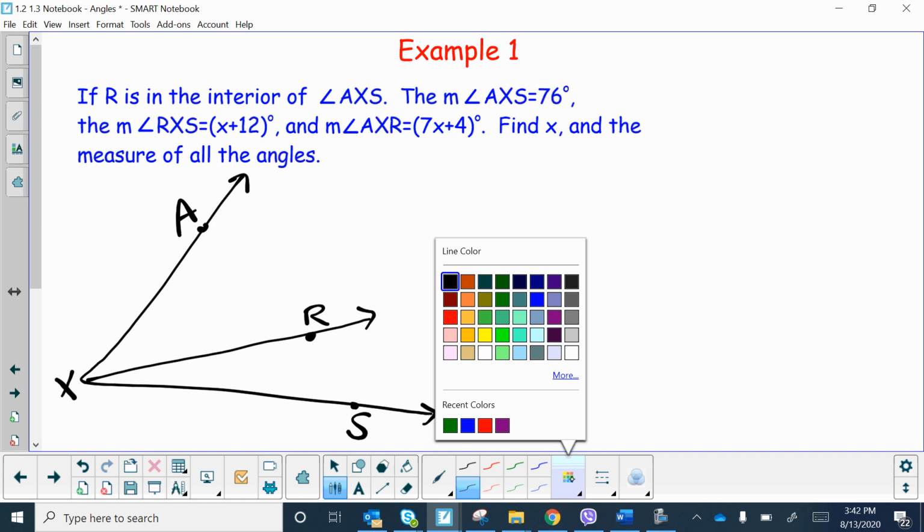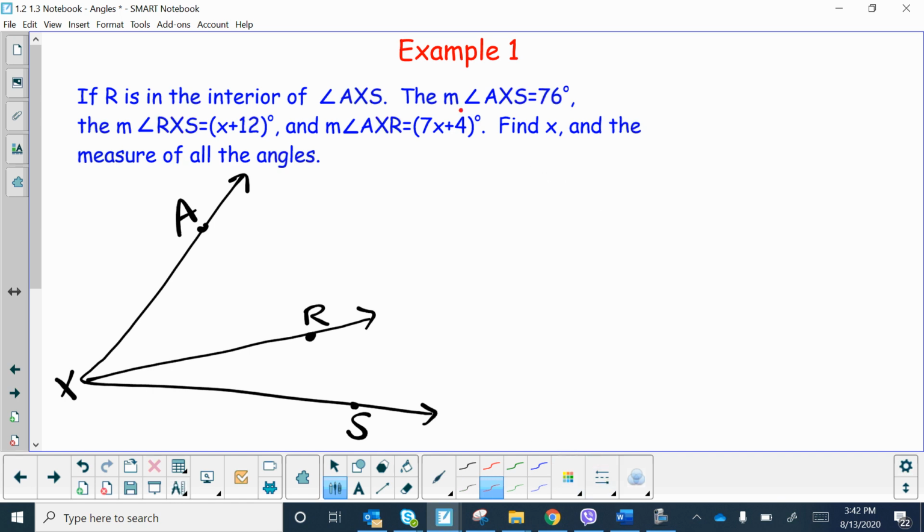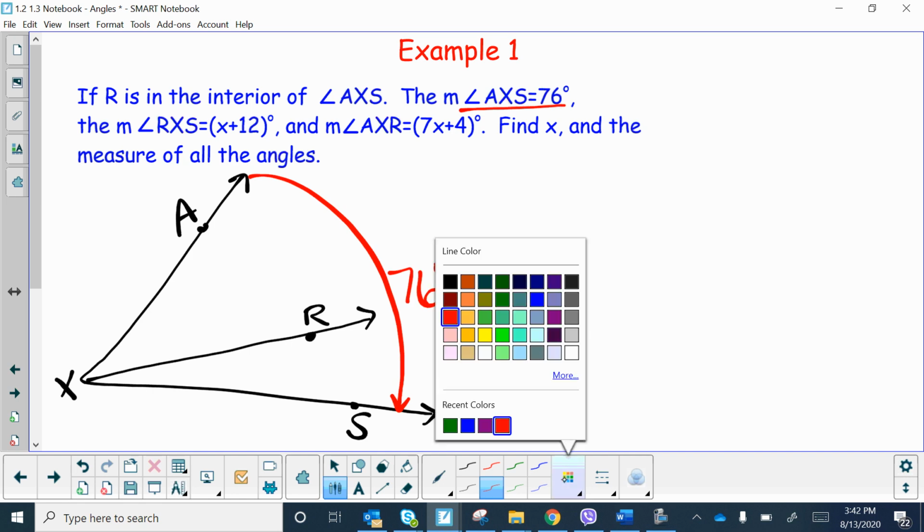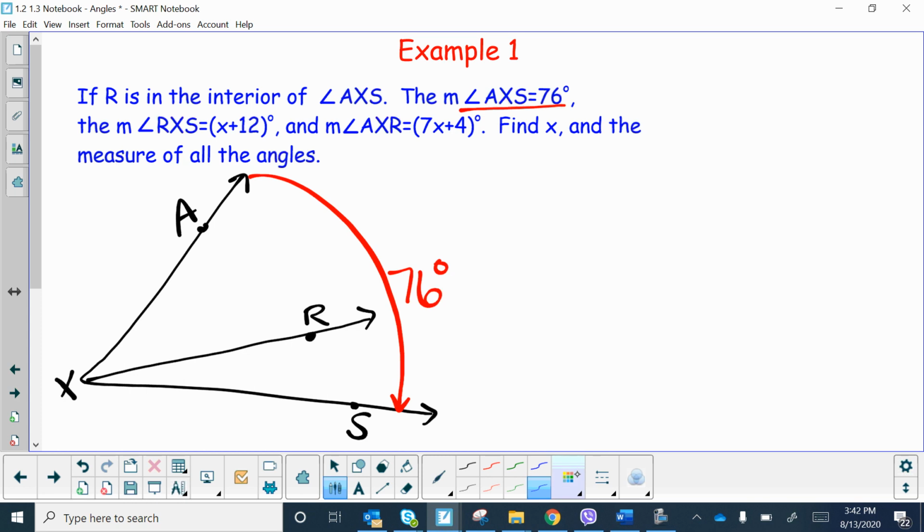Let me get a different colored pen and let's label what we have. Angle AXS is 76 degrees. So the whole entire angle, the big angle from there to there, is 76. Angle RXS, that's this one right here, is x plus 12 degrees.